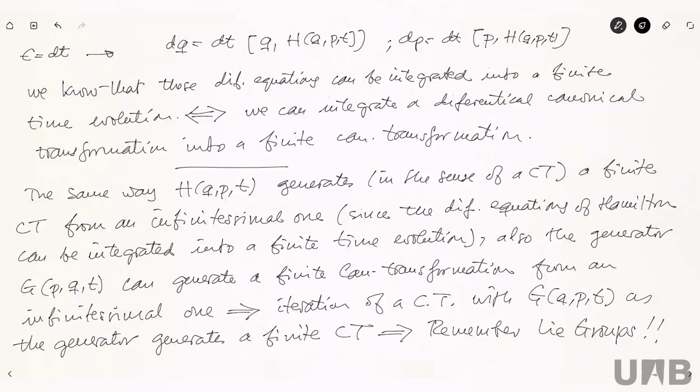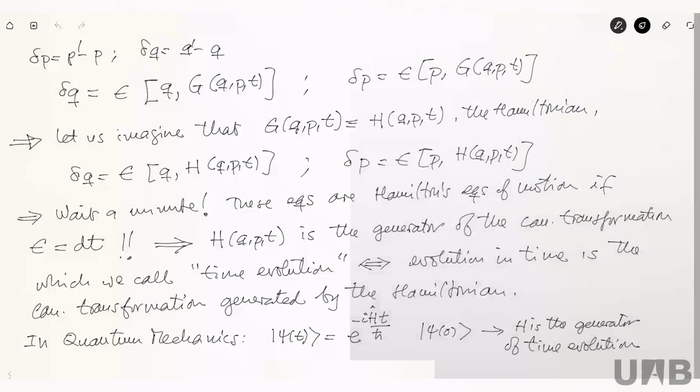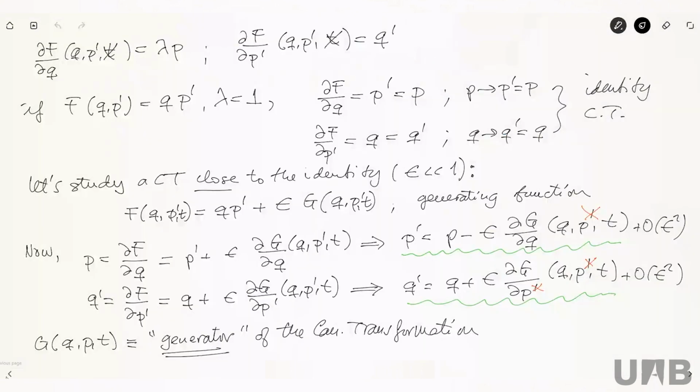So what this says is that if we go back here and inside this Q and P, we replace the transformation again and again, we just expand this thing in powers of epsilon by iteration. We iterate once, twice, three times, etc. This can be integrated into the canonical transformation that this generator G generates.